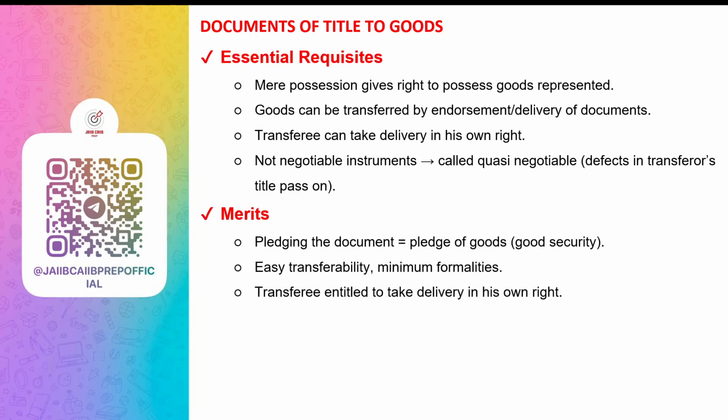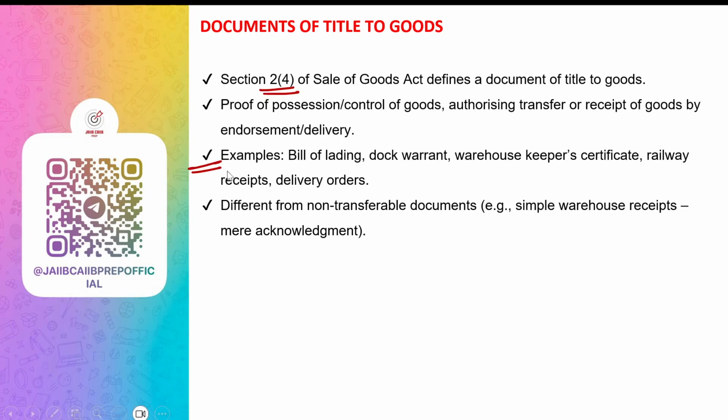There are certain essential requisites which we need to understand. One more thing, they are different from non-transferable documents like a simple warehouse receipt. So it is not a mere acknowledgement, but it creates ownership.